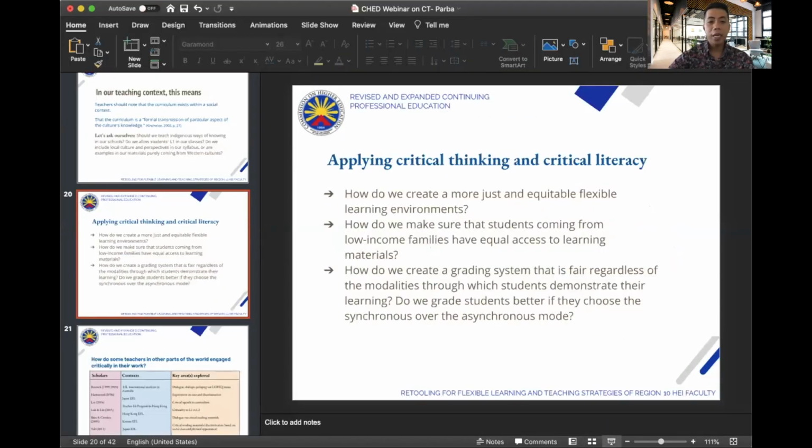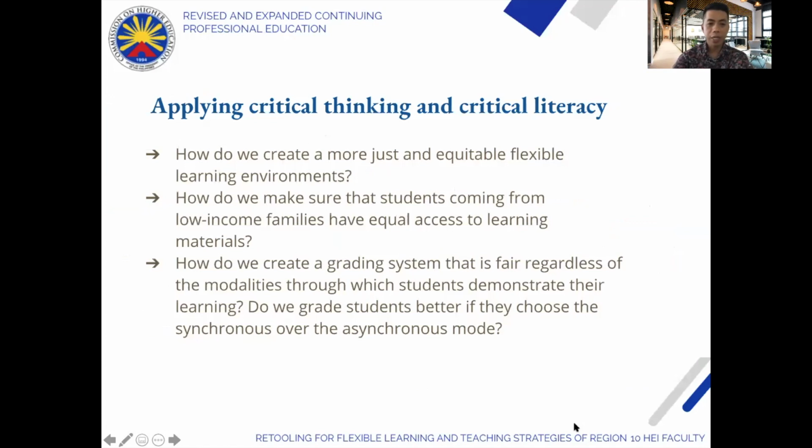Now, applying critical thinking and critical literacy, how do we create more just and equitable, flexible learning environments? Especially because we know that not all of our students come from privileged families.